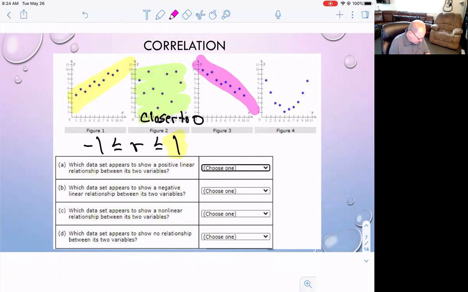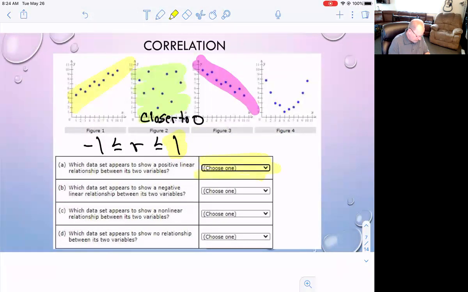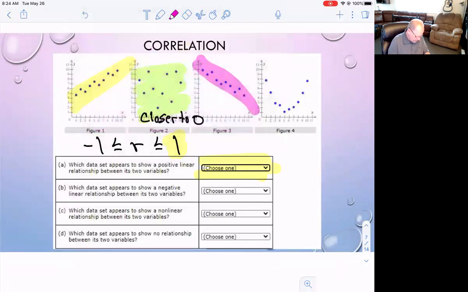So let's look here. Which data set appears to show a positive linear relationship between its two variables? Well, I would say the yellow one, positive linear relationship. Which data set appears to show a negative linear relationship? Well, the one that I made pink.